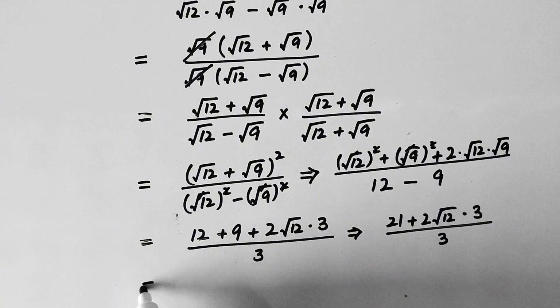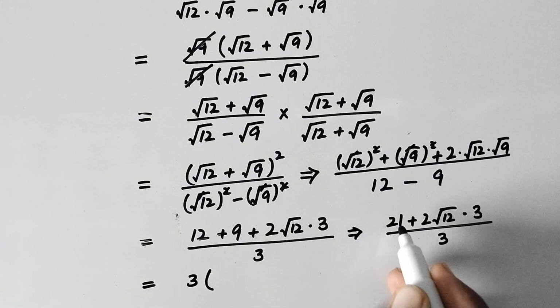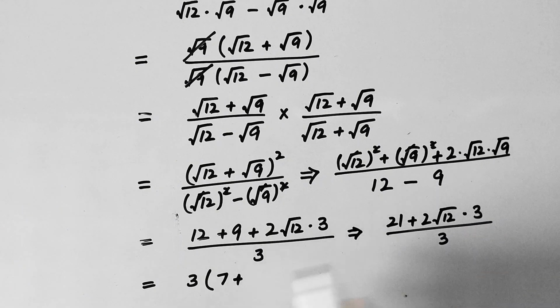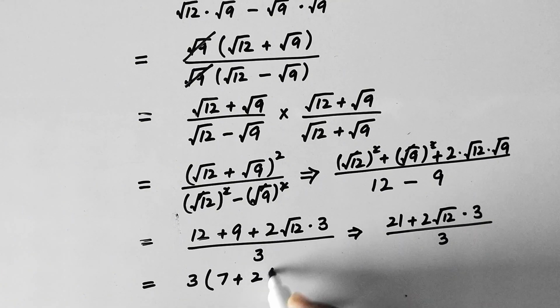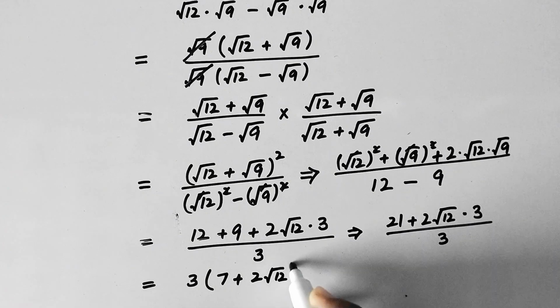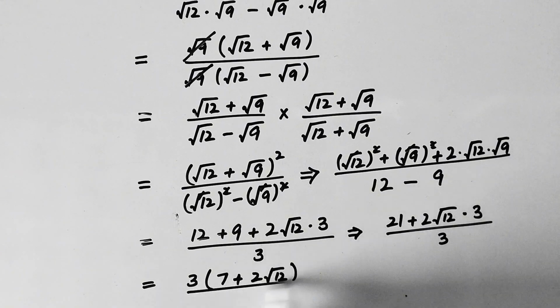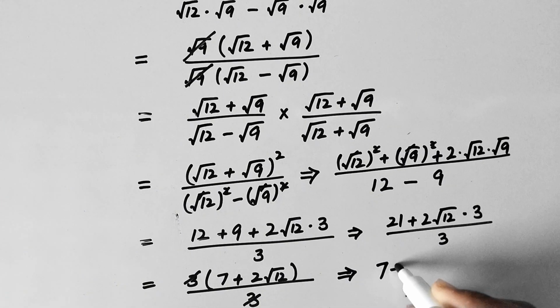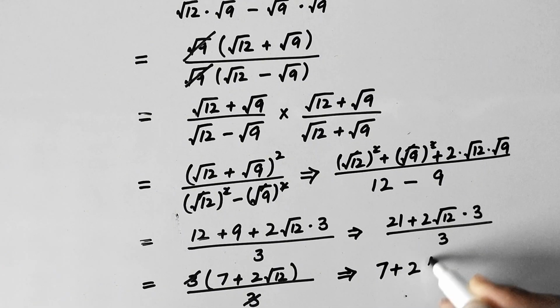So here it will be 3 into (21 divided by 3 is equal to 7, plus this whole term divided by 3 will be equal to 2 times square root of 12 divided by 3), and now this 3 will be cancelled by this 3, and we will get here 7 plus 2 times square root of 12.